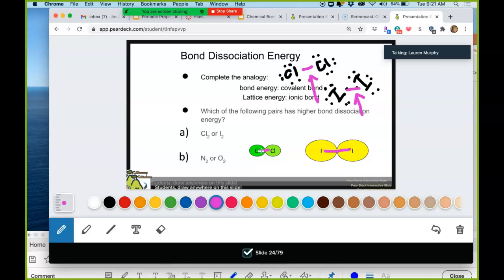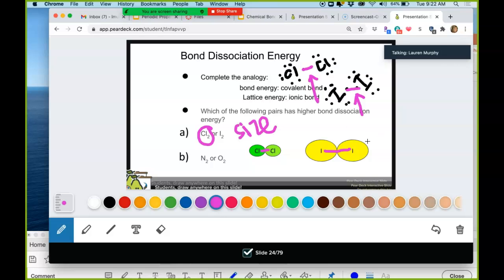The closer they are together, the harder the bond is to break. So chlorine will have the highest bond dissociation energy because the atoms are smaller and therefore closer together, which makes them harder to rip apart. Okay, so again, when the bond is the same type of bond, this is a single bond, this is a single bond, it's size that plays the role.